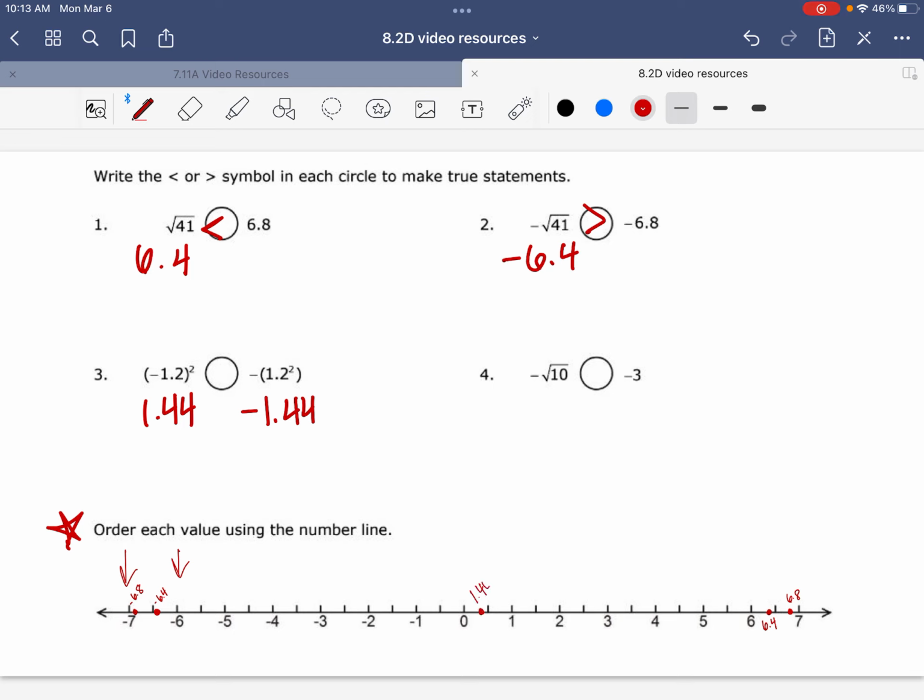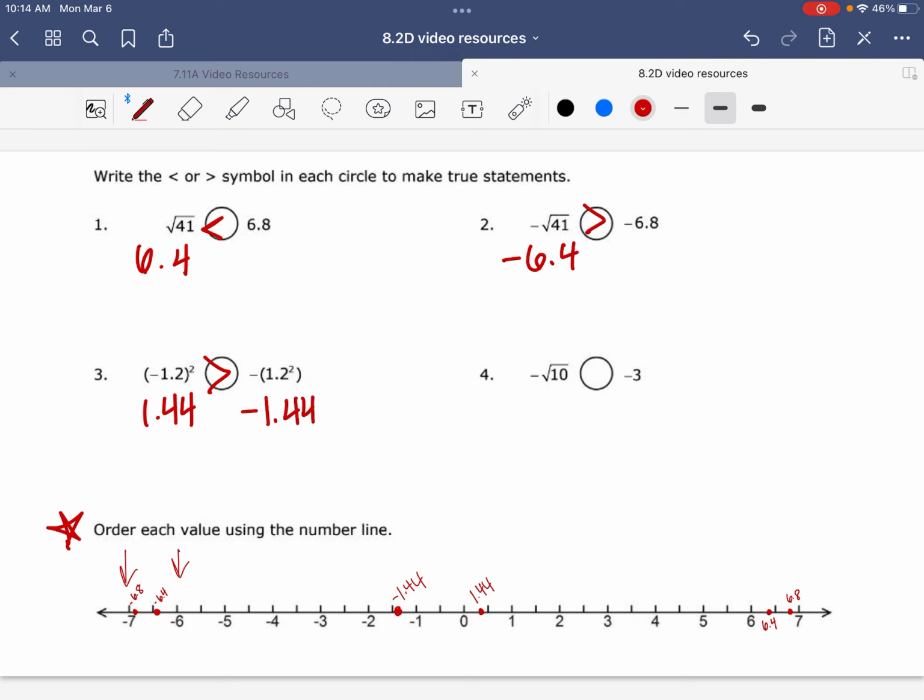And then negative 1.44 is past negative 1, not quite to negative 2, but a little bit before negative 1.5. So I can see on my number line that positive 1.44 is greater than negative 1.44.